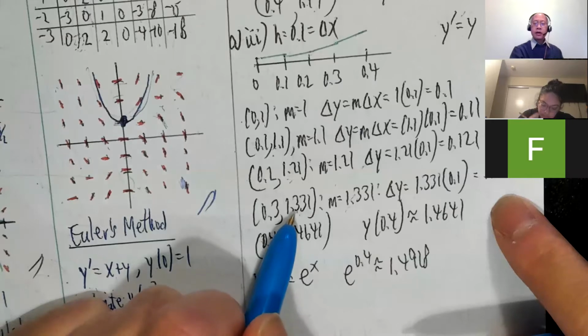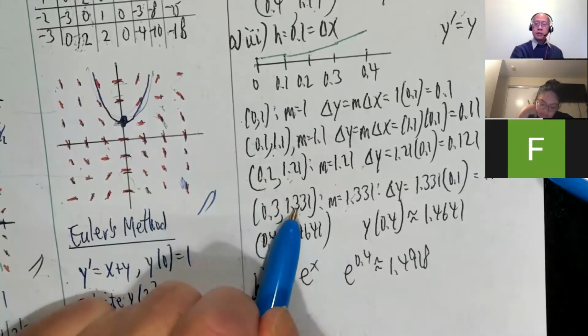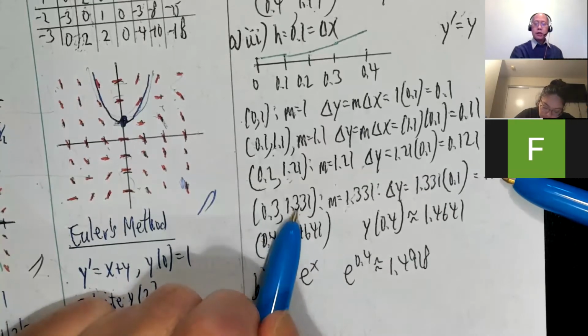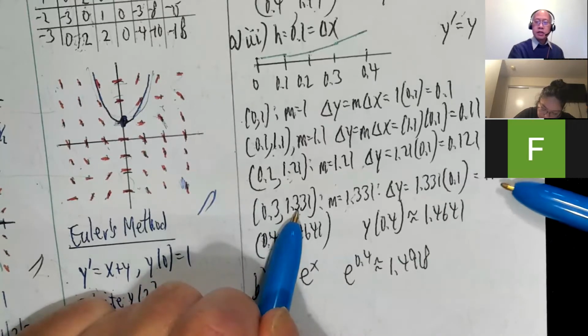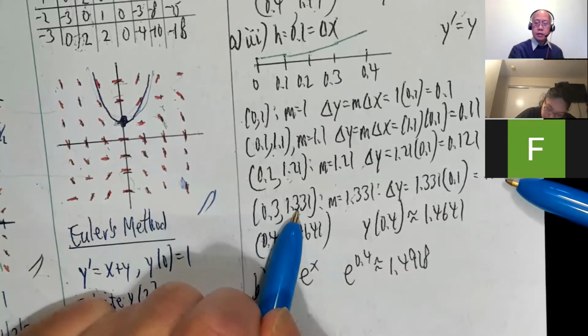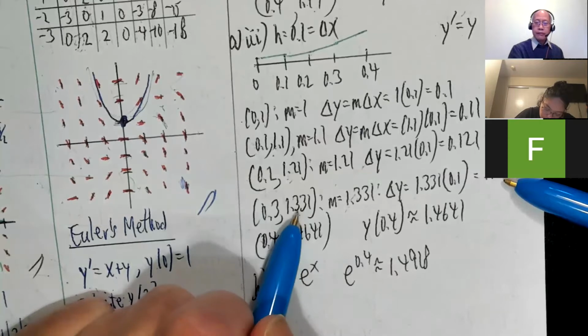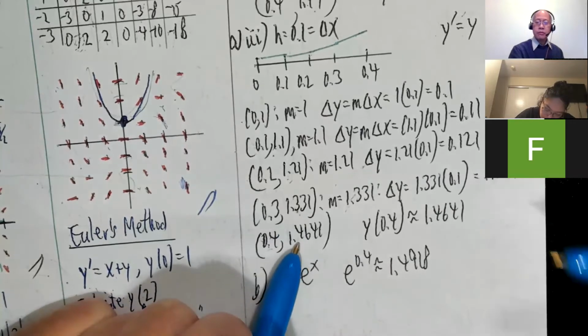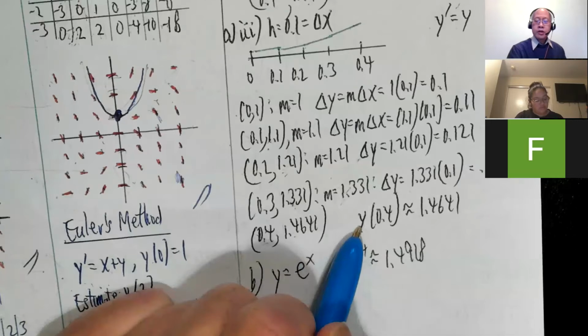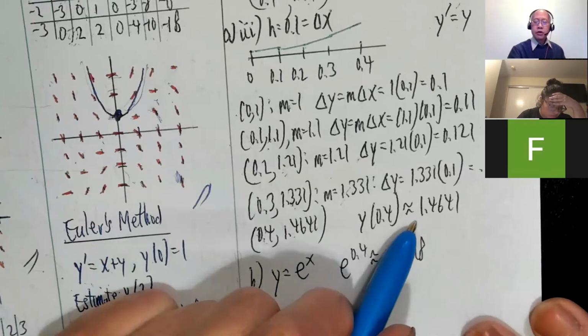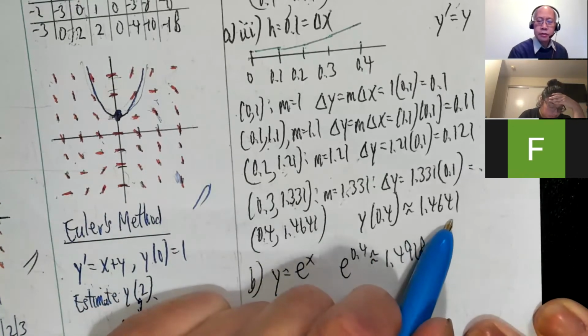So the new y is the old y plus delta y. So I was at 1.331. I've risen 0.1331. So you can add them up. If I've risen this much, then now I'm at 1.4641. So my new guesstimate, y of 0.4, is 1.4641. A little bit higher up.